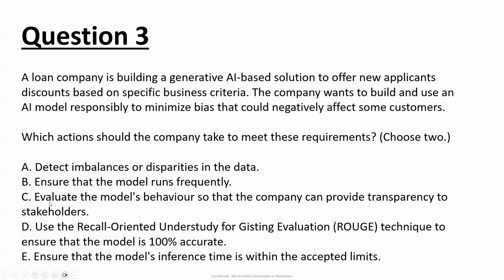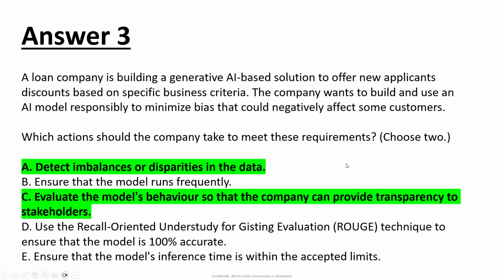So this kind of situation you will get, where 100% accuracy cannot be guaranteed. So all the four options are not perfect apart from A. Out of the four, maybe option C is giving more sense. So we will go with option A and C.